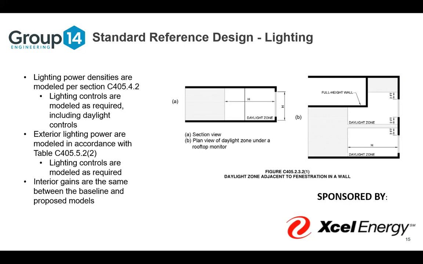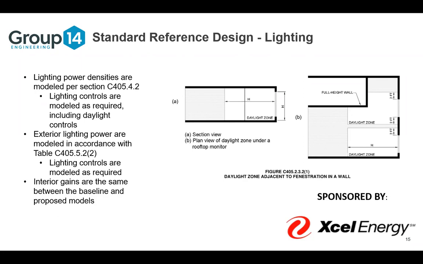You cannot take credit for multifamily lighting in the performance method because it is not listed as a space type in the lighting power densities in section C405.4.2. So you have to model those lighting power densities the same between the baseline and proposed for the performance method in multifamily.